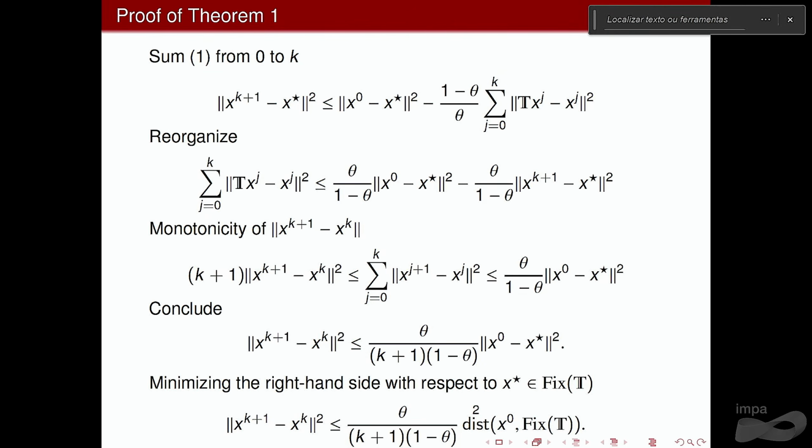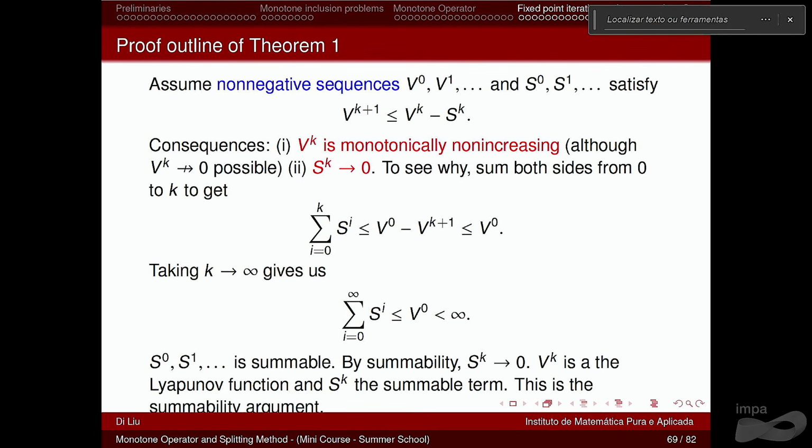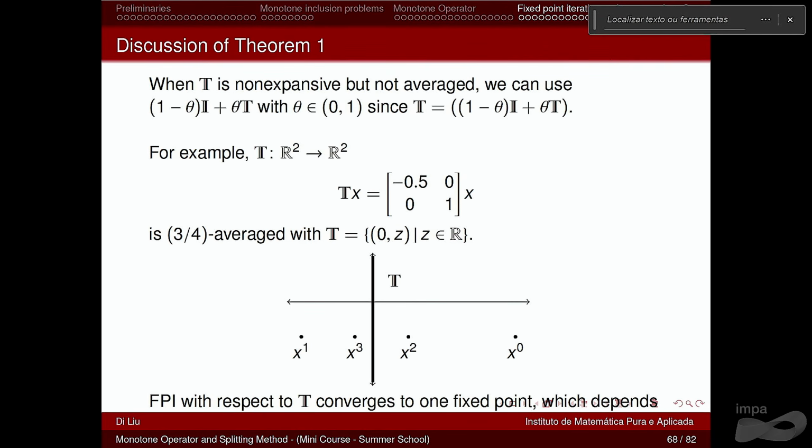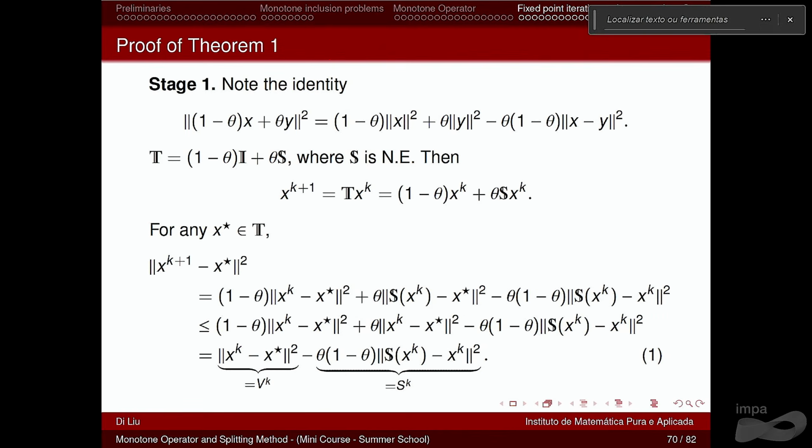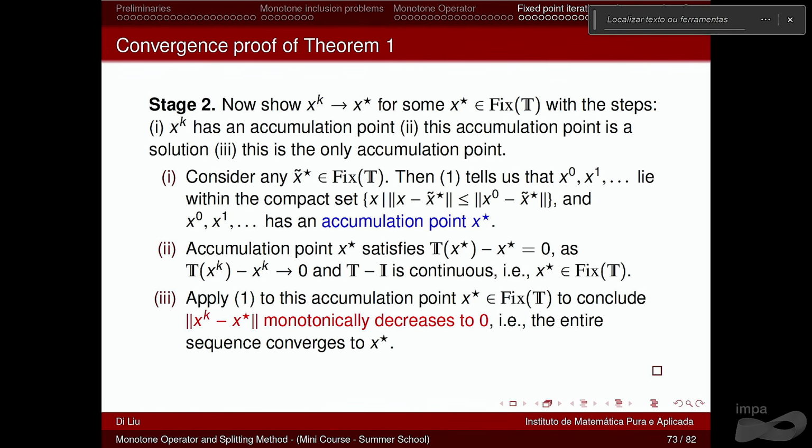So from this inequality, we can see the conclusion. We already got this inequality. And next, we want to show that the whole sequence xk approaches x star, and x star is exactly some fixed point.